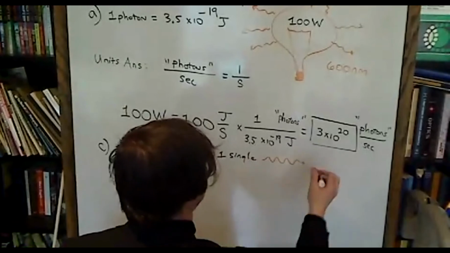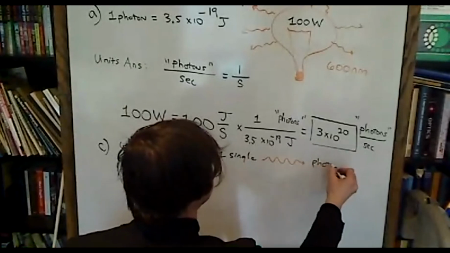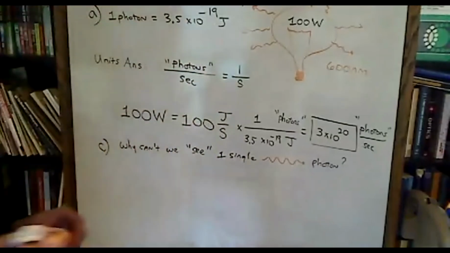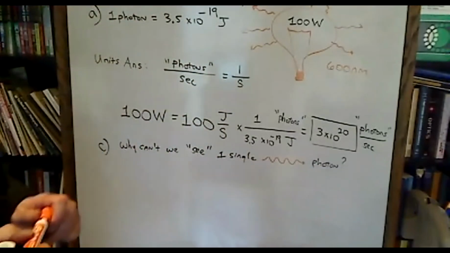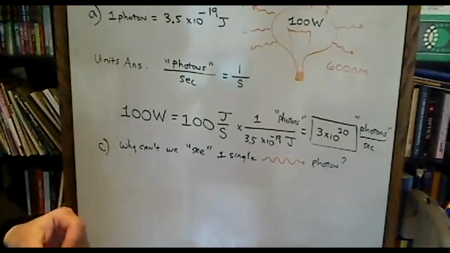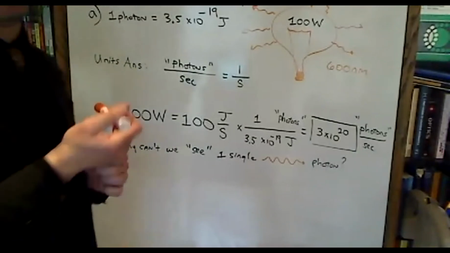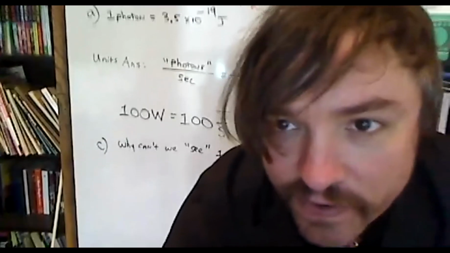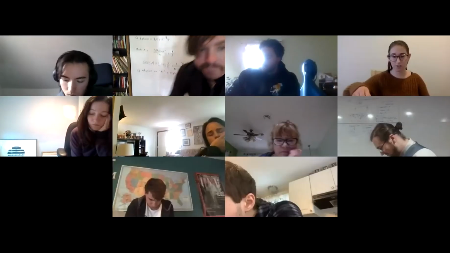Here's my little photon. Why can't I see one single orange photon? Let's have some suggestions from the studio audience about why I can't detect with my eye one single photon. What do you think? Too small?